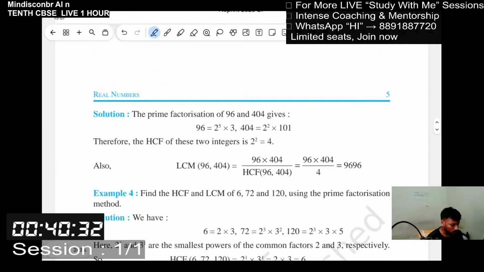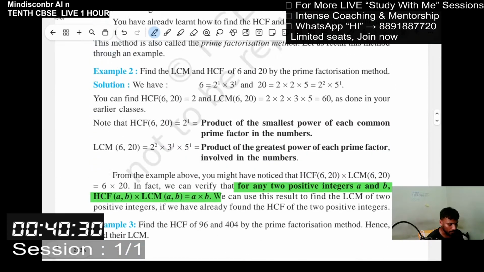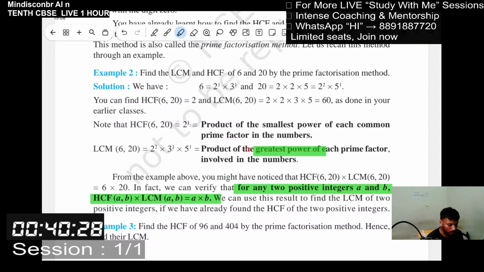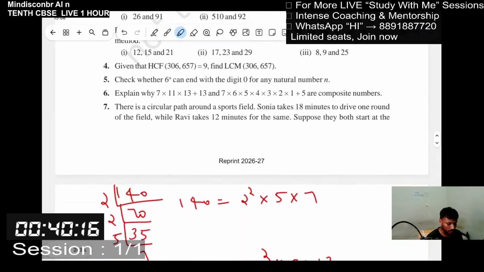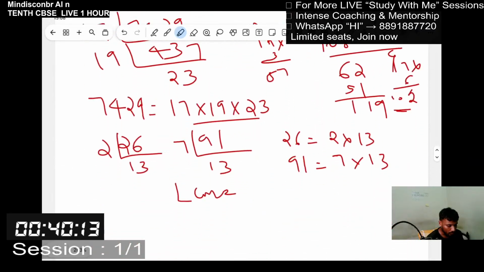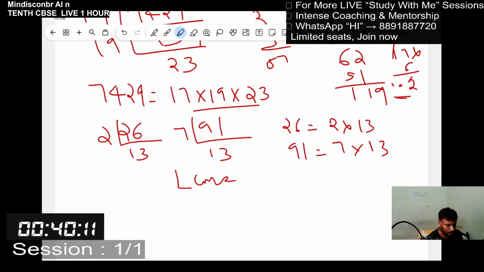LCM of two numbers is the product of the greatest power of each prime factor involved in the numbers. So when coming here in this question, for 26 and 91, the prime factors are 2, 13, 7 and 13. So it is said in the LCM definition that it is the product of the greatest of all prime factors.